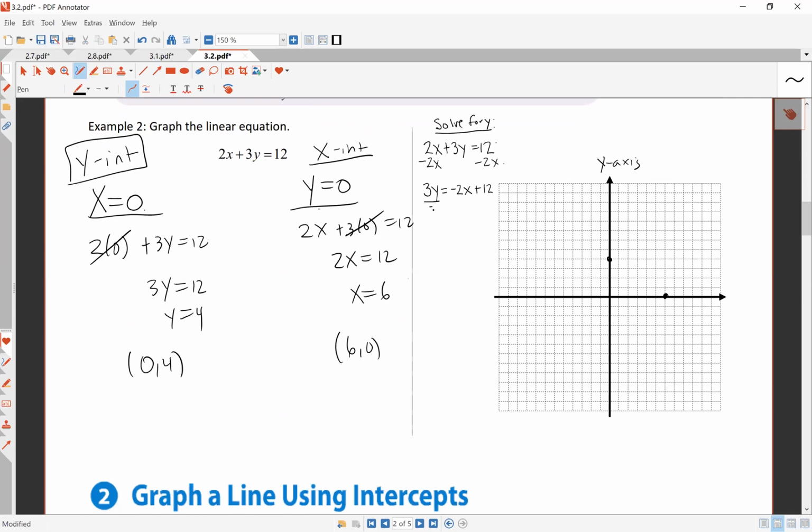Now we divide both sides by 3, and we get y is equal to negative 2/3 x plus 12 over 3, which is 4. That's the equation that's easier to figure out what to plug in for x. I don't want to plug in a 1 or a 2. I want to plug in numbers that divide out this 3 in the denominator. So let's plug in x equal to 3.